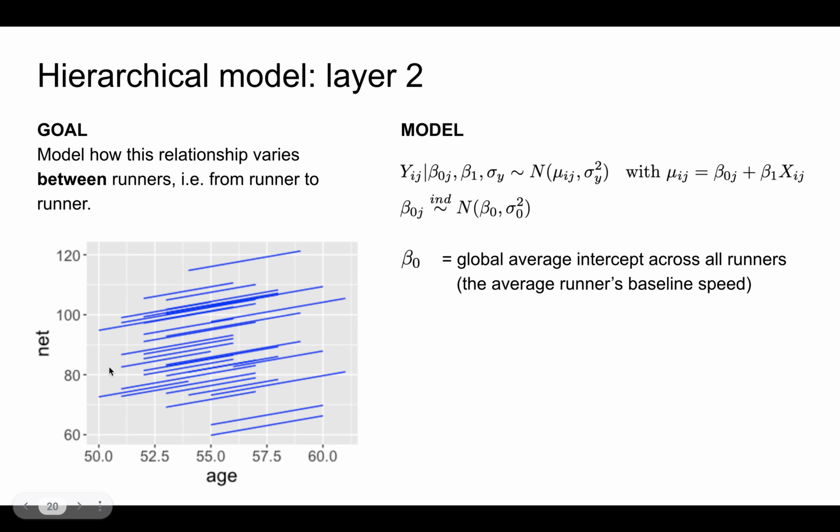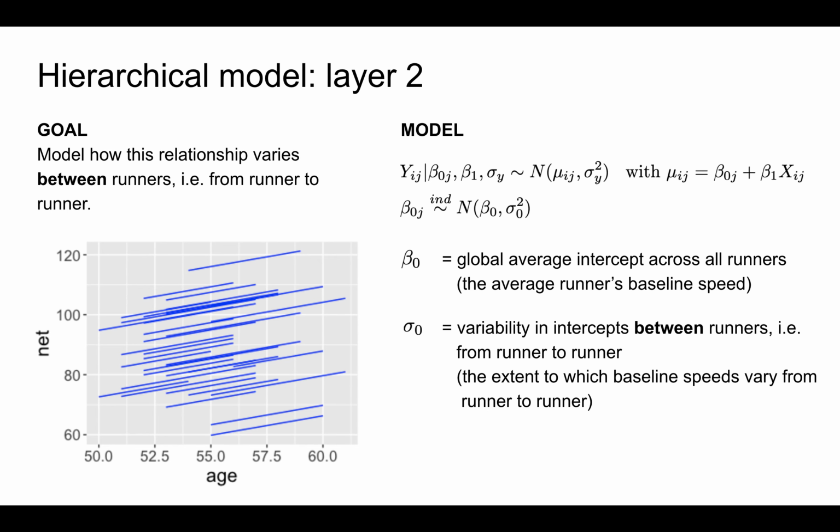Equivalently, then, we can think of beta 0 as the intercept, hence baseline speed, for the average runner. The baseline speeds for all other runners fluctuate around this average. To this end, sigma 0 is the variability in the intercepts from runner to runner, or between runners. Thus, sigma 0 essentially measures the extent to which baseline speeds vary from runner to runner.